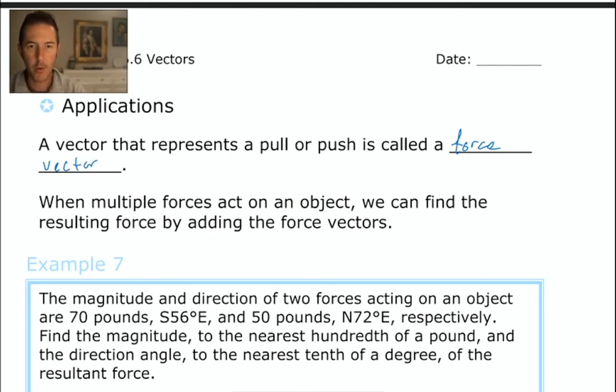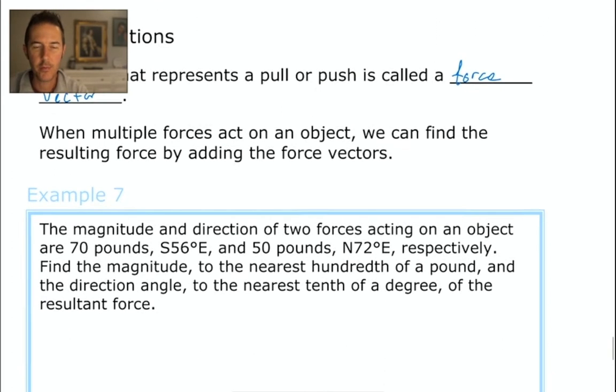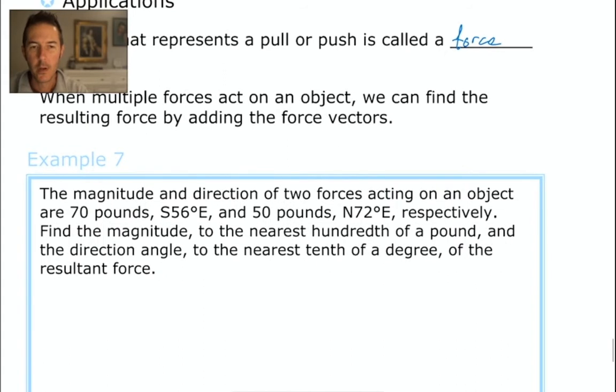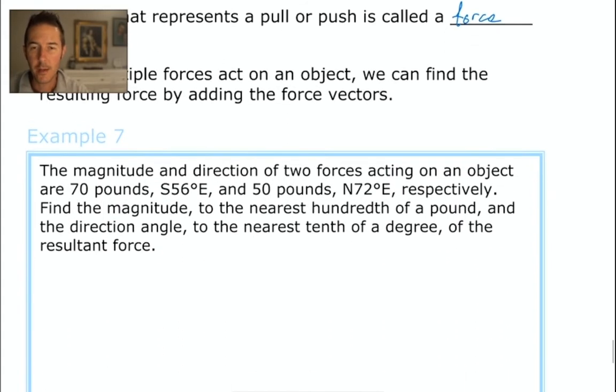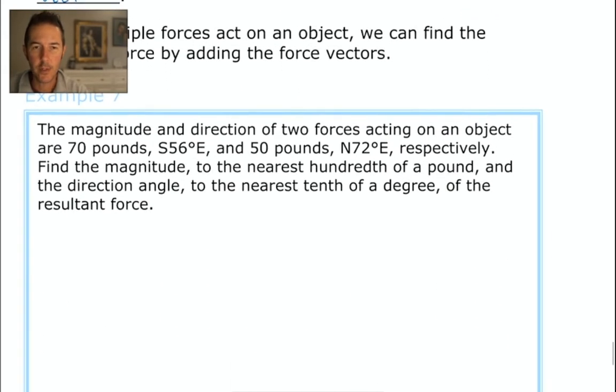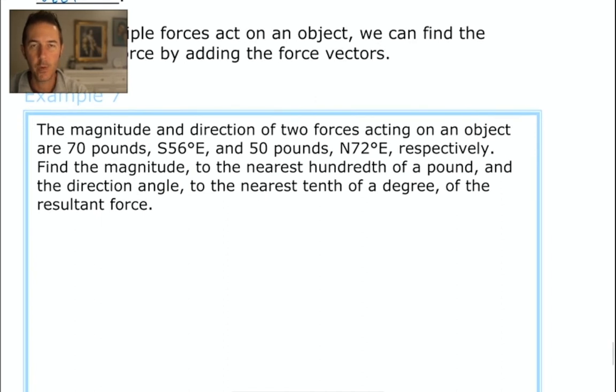And when multiple forces are acting on an object, we can find the resulting force by adding the force vectors. Sometimes we also take an individual force vector and decompose it, tear it apart into its horizontal and vertical components. And in fact, that's what we're going to do in this problem.